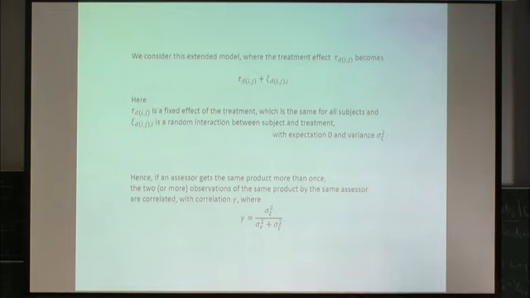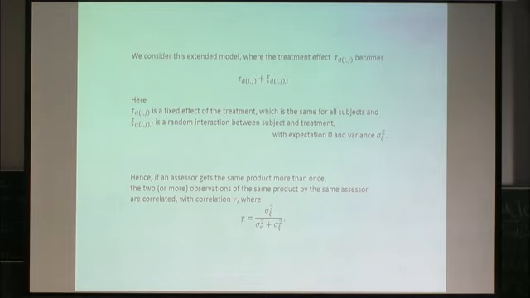And we consider this extended model where the treatment effect now becomes the effect of the treatment plus an interaction between the treatment that's given to the assessor and the assessor. We model this as random, because we think that our consumer is a random person taken from some population.